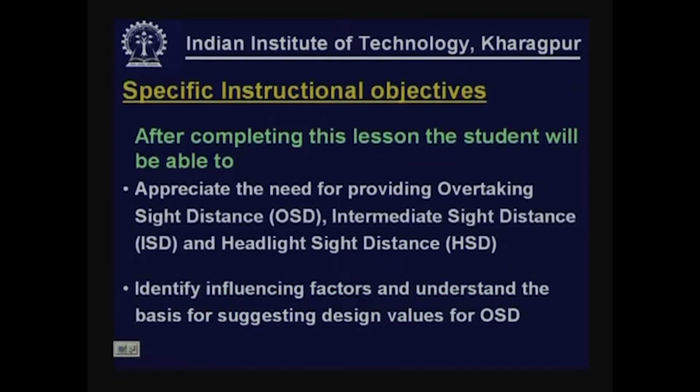After completing this lesson, the student will be able to appreciate the need for providing overtaking sight distance OSD, intermediate sight distance ISD and headlight sight distance HSD, why they are necessary and where we should apply them.